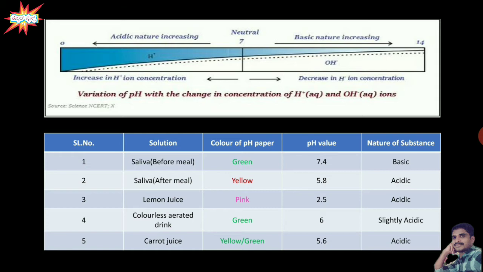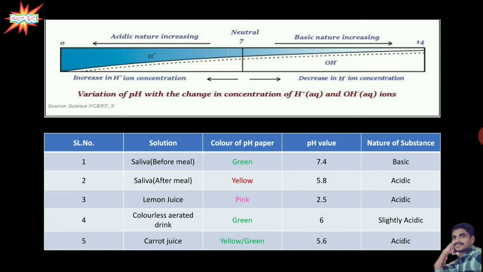Look at the picture, the top picture, the first picture. If the pH value is 0, 1, 2, the acidic nature is more. When the pH value is 5 or 6, the acidic nature is less as compared to 1 and 0.